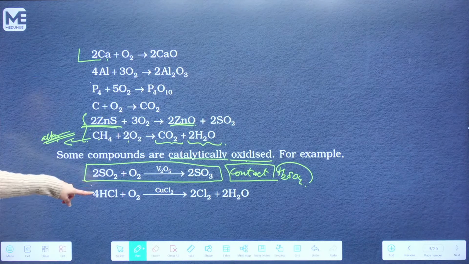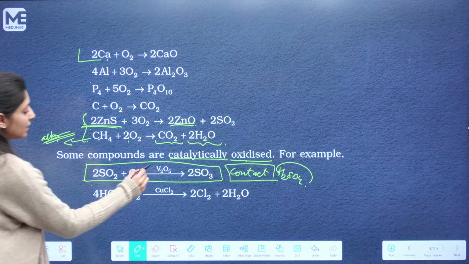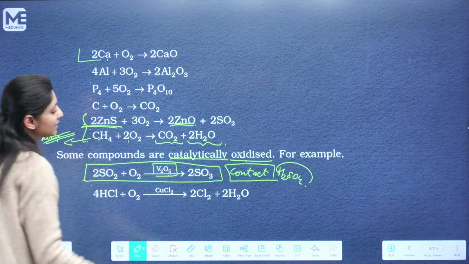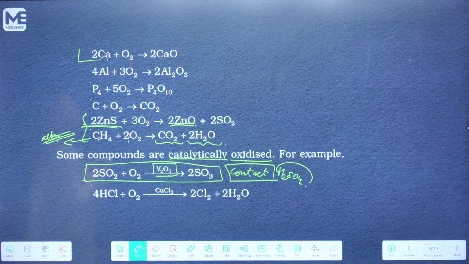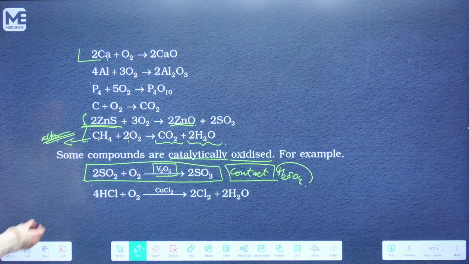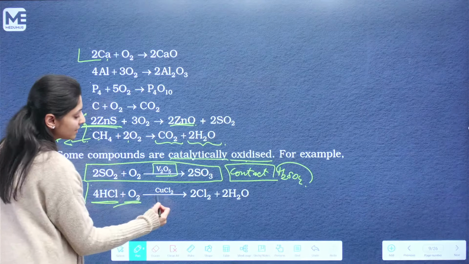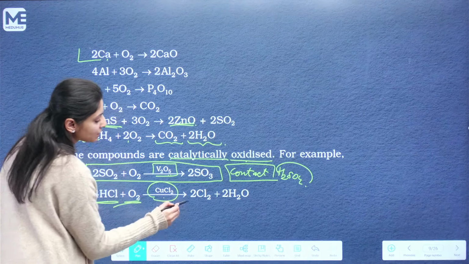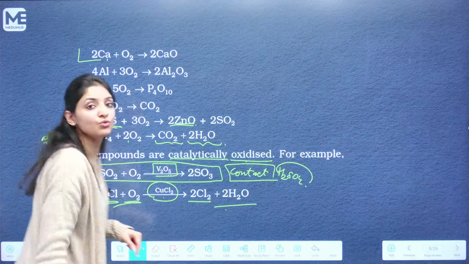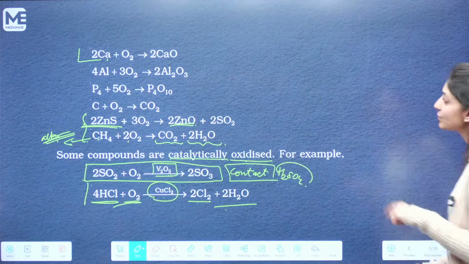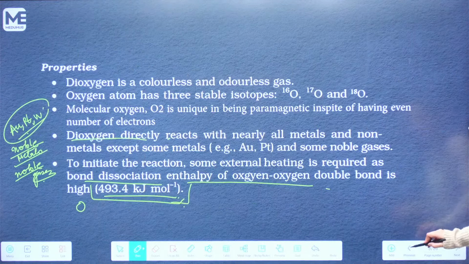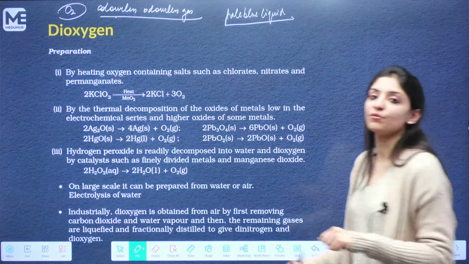Here, SO2 reacts with oxygen in the presence of V2O5 as the catalyst to give SO3, sulfur trioxide. Another catalyzed reaction is HCl reacting with O2 in the presence of CuCl2 catalyst to give Cl2 and H2O. These are the reactions of oxygen with various metals and non-metals.